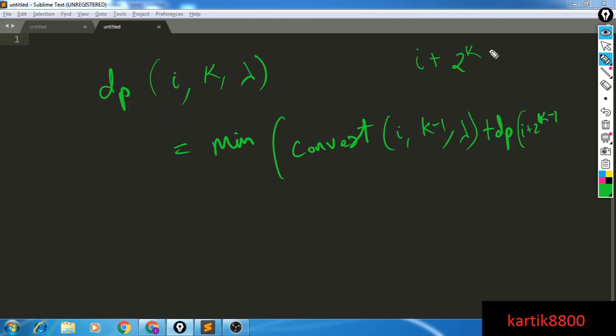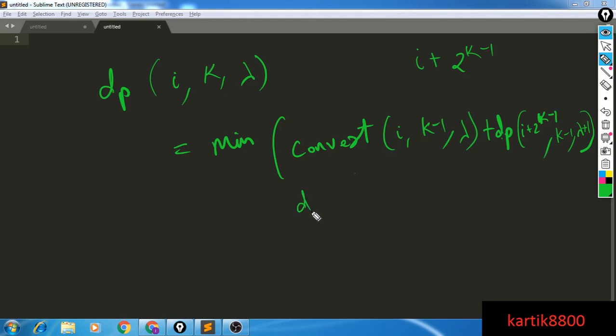So the second half starts at index i plus 2 power k minus 1. The size of this half is 2 power k minus 1 again, and you would like to change all these values to a lambda plus 1 good string. Because the first half is all lambda. I wanted an overall lambda good string, so the first half I converted to lambdas, and the second half I will convert to a lambda plus 1 good string.